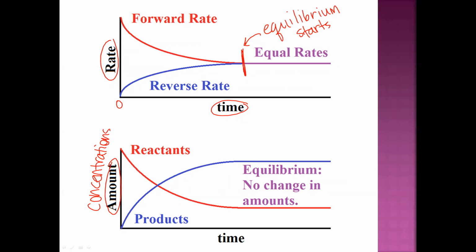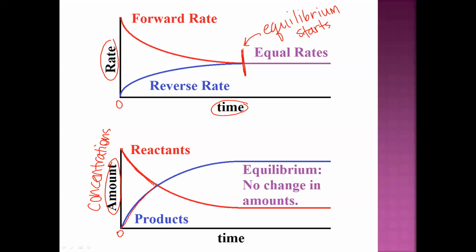So at the beginning, at time equals 0, we only have reactants, we got lots of reactants, which makes sense because the forward reaction is the one that's gonna go. And we have 0 products at the beginning, okay? So as the reaction starts, then the reactants get lower because they're reacting and turning into products. So that's why the products get bigger.